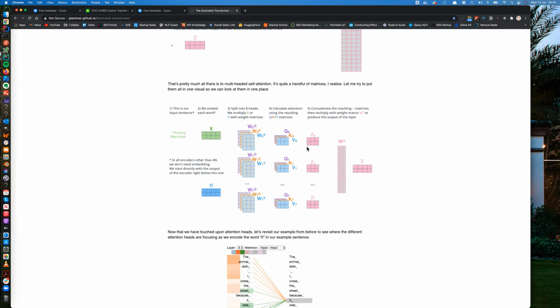I shared on Slack a link to a post where I took that chapter from the deep learning book by Jeremy Howard, which had an implementation of an LSTM-based model from scratch, and I did the same with a transformer-based language model. I posted the link there, so you can check out the code.